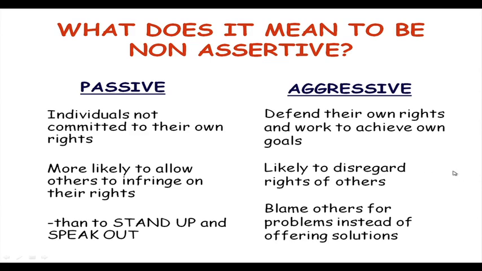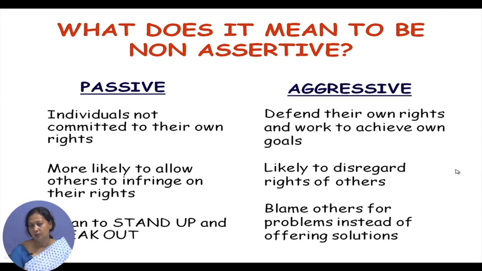Sometimes another thing that happens is people are not aware that they are aggressive instead of being assertive. They feel that they are being assertive, but most of the time we come across students especially who are non-assertive by nature. That brings us to the difference between being passive and aggressive, or what is non-assertive behavior.